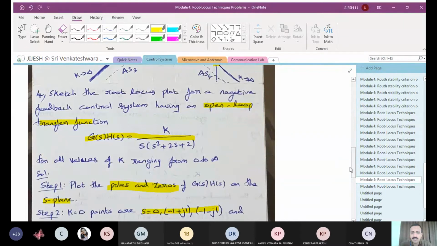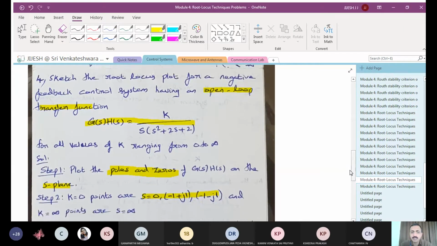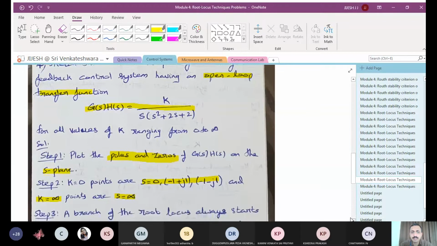So it is a slightly different problem. The poles will be at s is equal to 0, minus 1 plus j1 and minus 1 minus j1. At K is equal to 0, and the points at s are infinity. So this is what you will get.